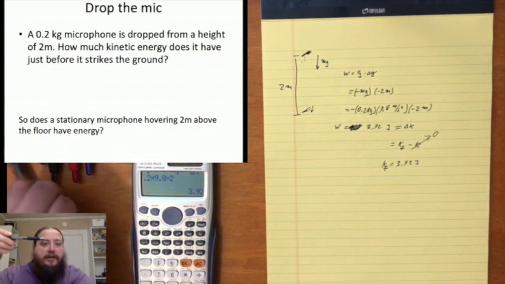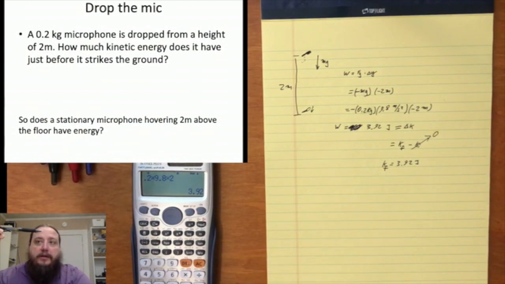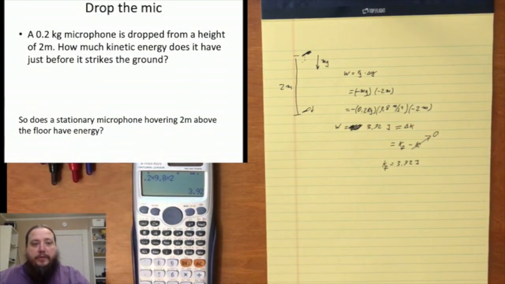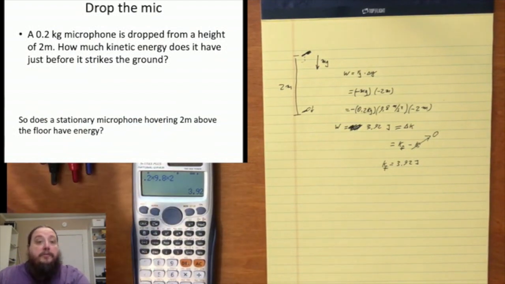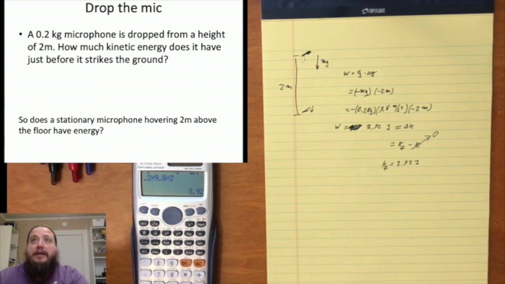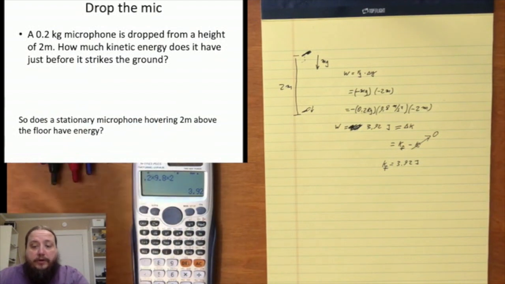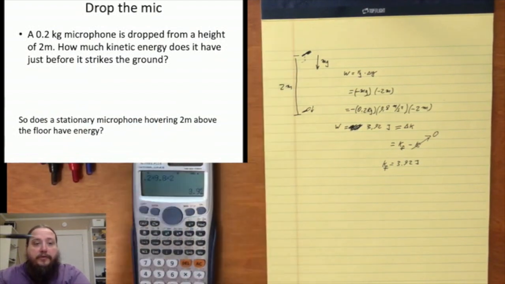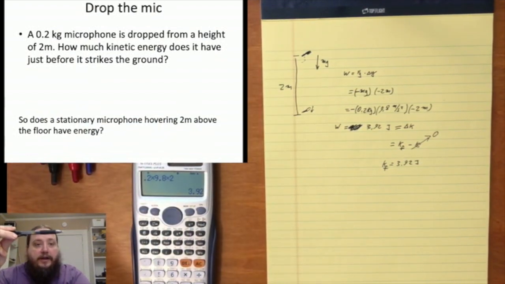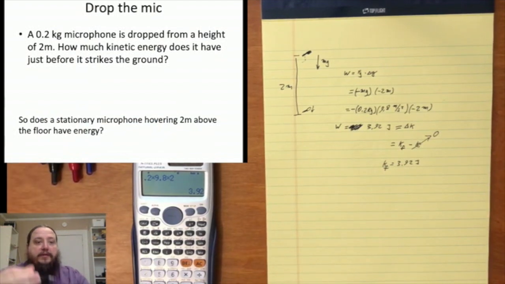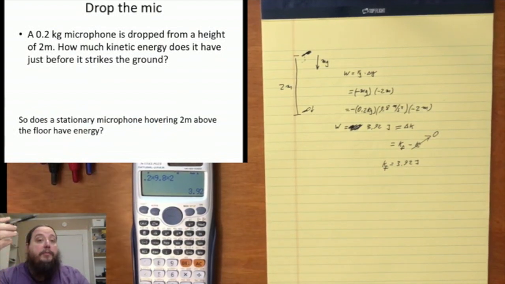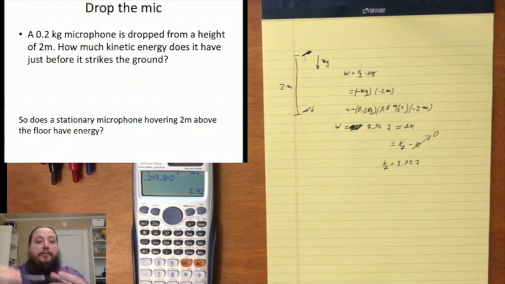But there's a definite difference between when we see the microphone up in the air and when we leave the microphone down on the ground. Down on the ground, we don't expect the microphone to have any motion no matter what we do with it, whereas when the microphone is hovering in the air, we know that as we drop it, the microphone will spontaneously leap into motion.